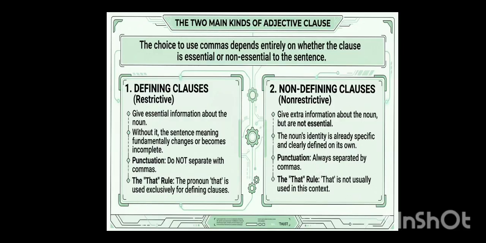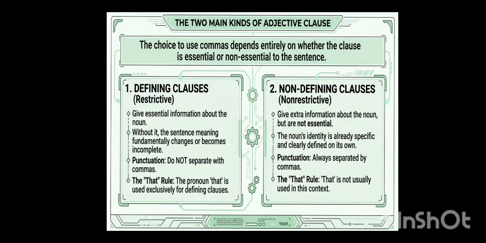Without this clause, the sentence loses its meaning or becomes incomplete. And the rule here is that you do not use commas here. Okay. We have a that's rule where you can freely use the word that in defining clauses.